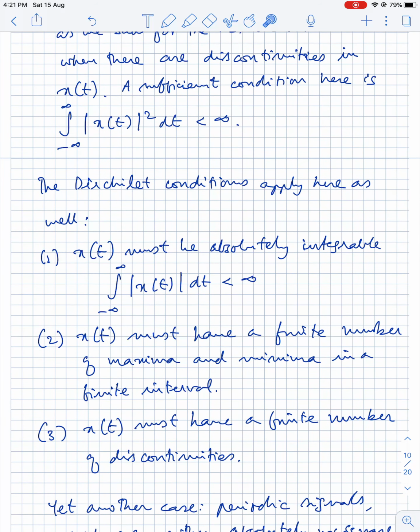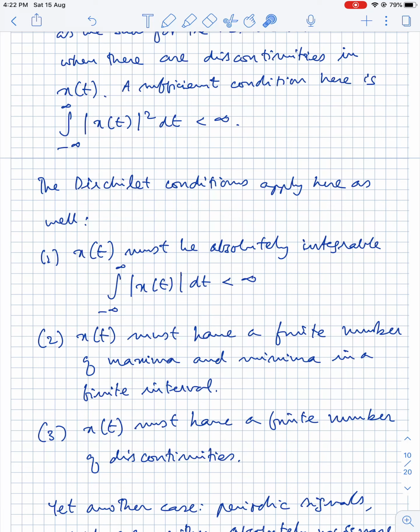In addition, there are the Dirichlet conditions, which are the same as for the Fourier series. x of t must be absolutely integrable, the integral of the magnitude of x of t dt less than infinity. This was one sufficient condition, the same thing which we saw for the Fourier series.